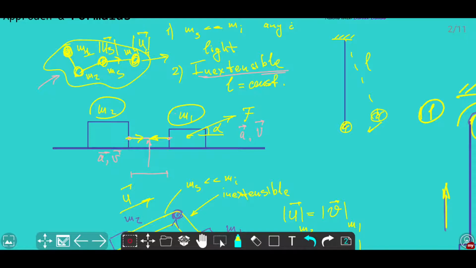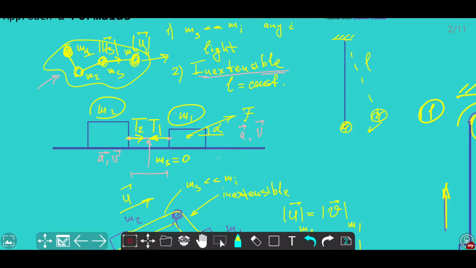So that's why those tension forces, the ones on object 2 and object 1, will be the same magnitude and opposite in direction. Actually, you can use this outcome only if the mass of the string connecting them, or the mass of the rod connecting those two bodies, is negligibly small. All right, only then.